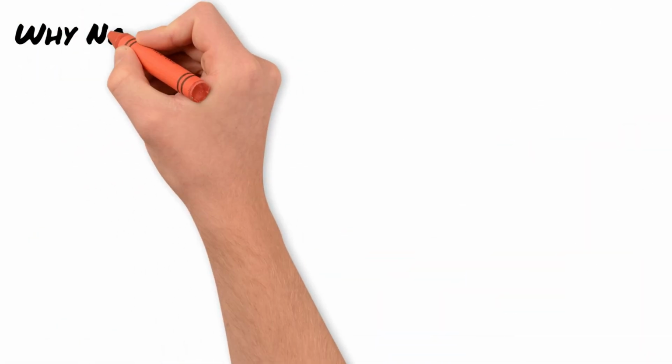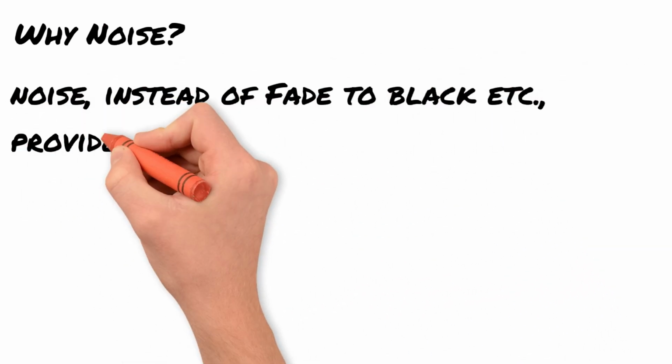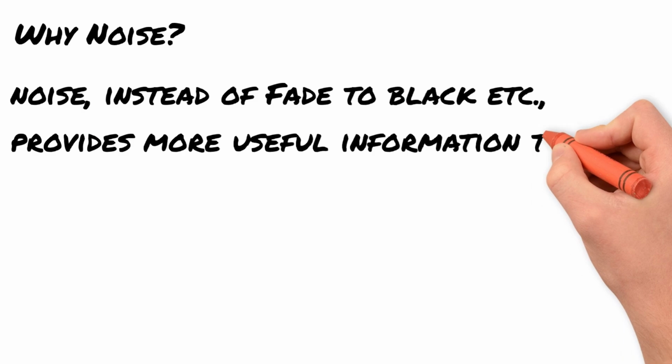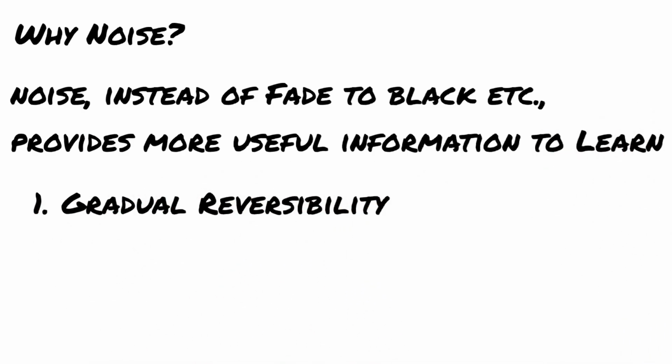You may be wondering, why noise? Using noise instead of something like fading to black provides more useful information for the model to learn from. If you faded to black, the changes would be too uniform and there wouldn't be enough meaningful variation in the intermediate steps for the model to learn how to reverse it effectively. Also, when adding noise, every step changes the image just a little bit, making changes more gradual.